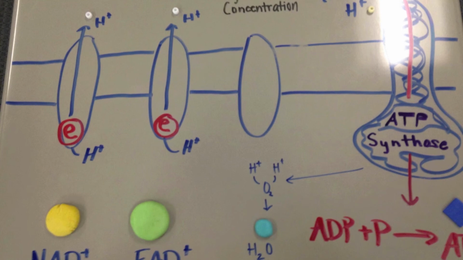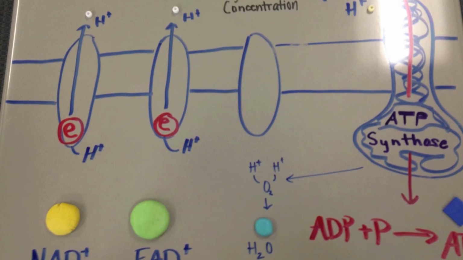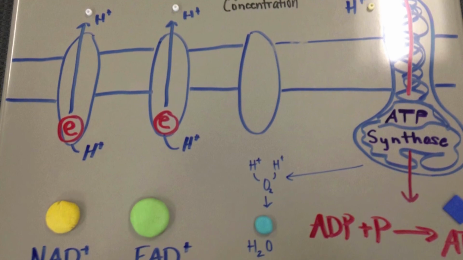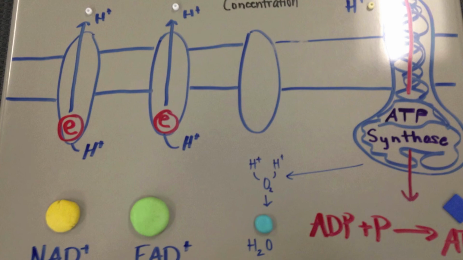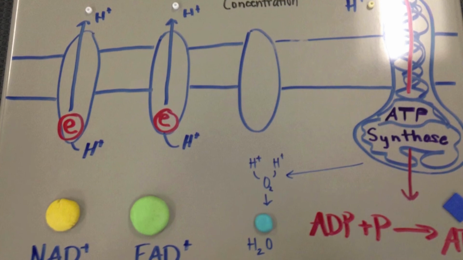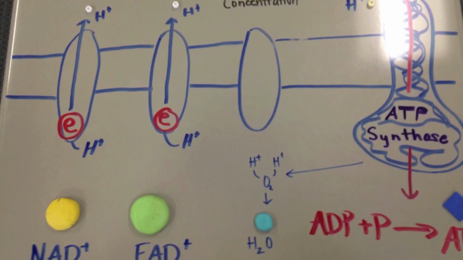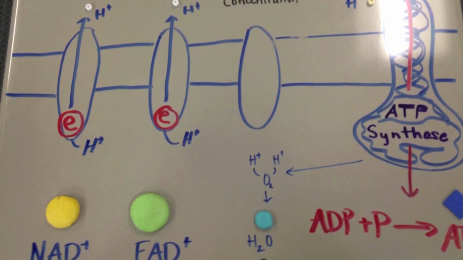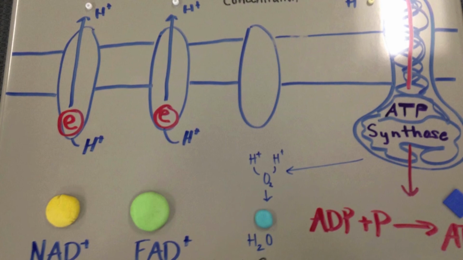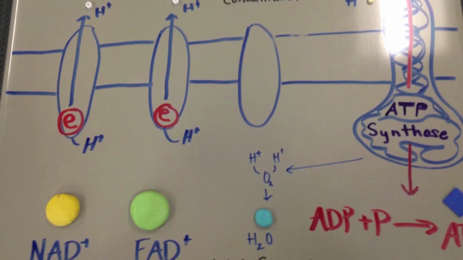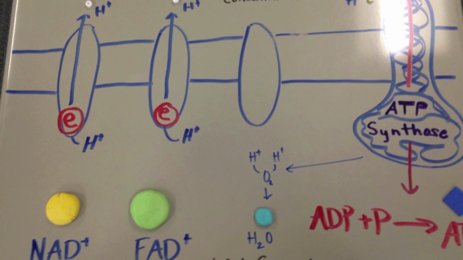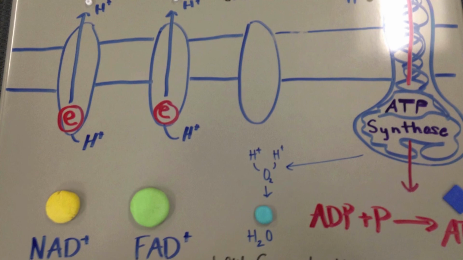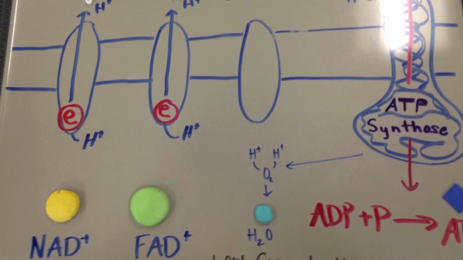After the electron goes to the third protein on the membrane, the hydrogen from the high concentration will go through ATP synthase, here on the right hand side. The hydrogen will go through it, and the product of it is ATP. From our ADP plus our phosphate, from phosphorylation we make ATP, and the hydrogen goes from a high concentration to a low concentration.